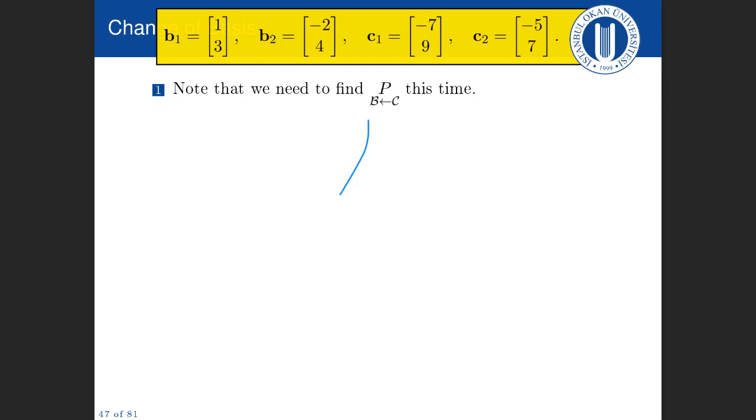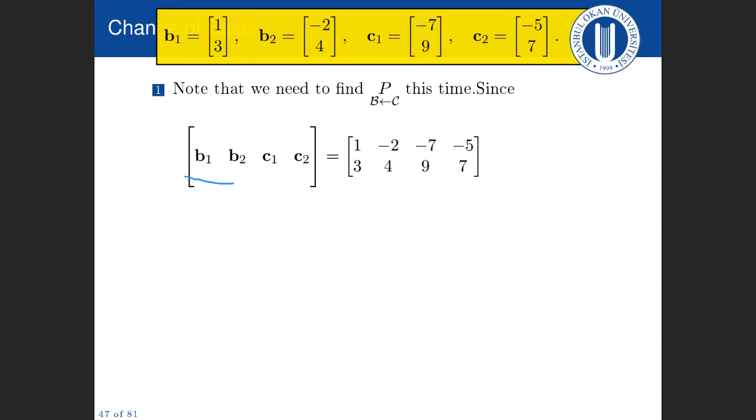Before we were going from B to C, but now we're going from C to B. Now, here, B is on the left and C is on the right. So we're going to start with the augmented matrix where B is on the left and C is on the right. And then we're going to row reduce this. I'll leave that for you. Check that this augmented matrix is row equivalent to 1, 0, 5, 3, 0, 1, 6, 4.